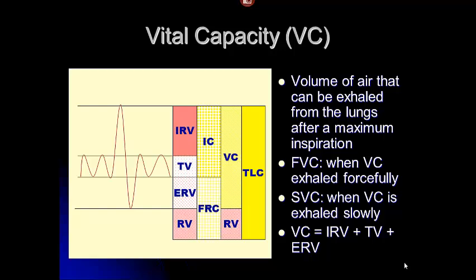Well, you basically exhale forcefully from a vital capacity. What is slow vital capacity? You exhale slowly. Vital capacity is no more than the sum of inspiratory reserve volume, tidal volume, and expiratory reserve volume.